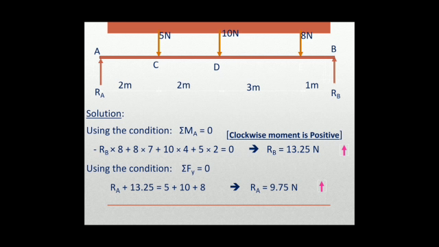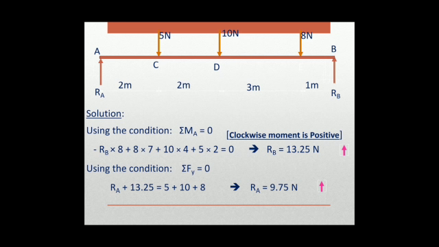Clockwise moment is positive and anti-clockwise moment is negative, taking moment about A. So, minus RB into 8 plus downward force 8 into perpendicular distance 7 plus downward force 10 into perpendicular distance 4 plus downward force 5 into perpendicular distance 2 is equal to 0. By calculation we get RB is equal to 13.25 Newton.